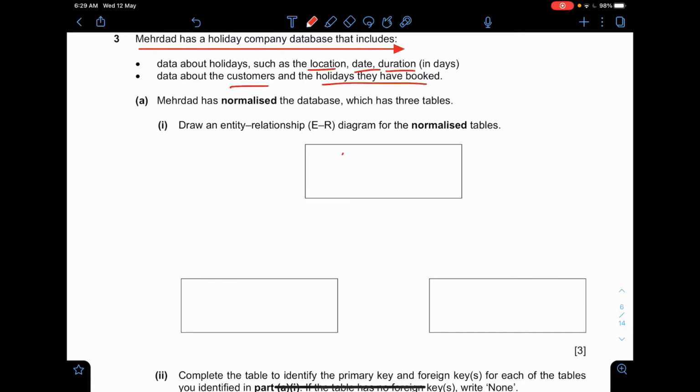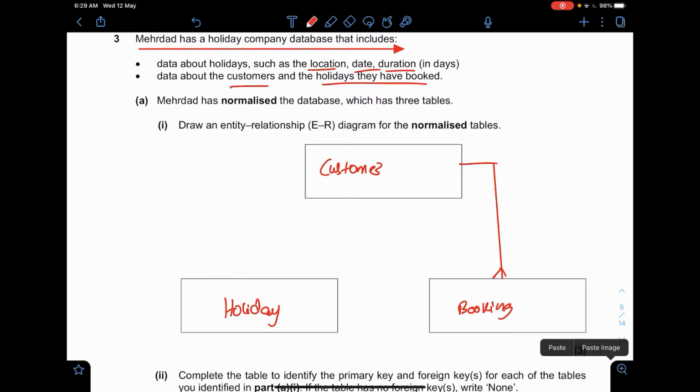So we can have customer here, we can have the booking here, and we can have the holiday here. This is a customer books the holiday, so this can be one to many. This is gonna be a straight line, my bad. So this is gonna be one to many, one customer, many bookings.